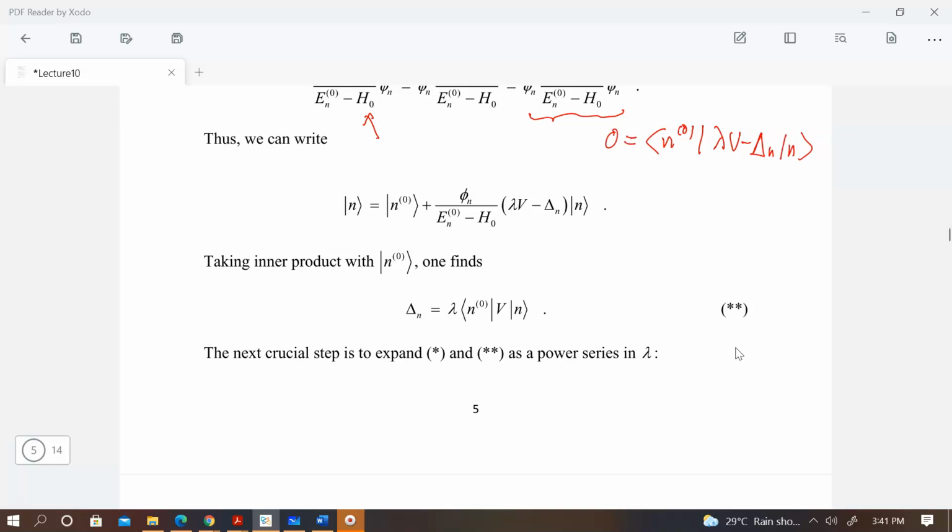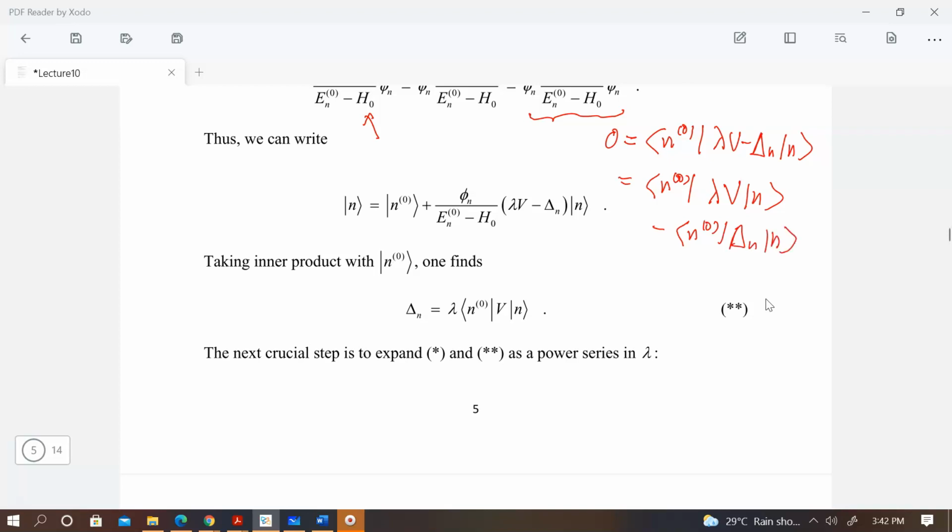So we can start to rearrange this. For example, this is n naught lambda v n naught minus n naught delta n. Okay, now I made the same mistake here, sorry. Let me do this again. N naught lambda v n minus n naught delta n.